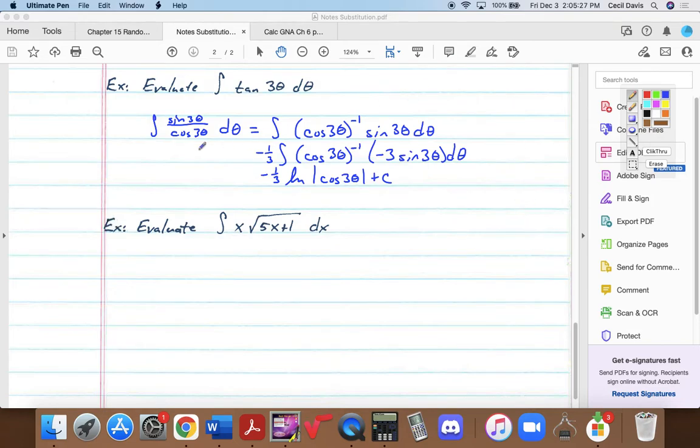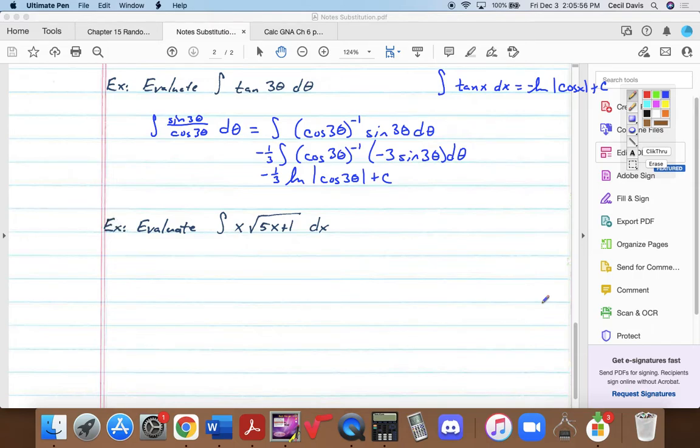In general, and you should probably add this to the list of things that you have memorized, the integral of tangent of x dx is negative natural log of the absolute value of cosine of x plus c.